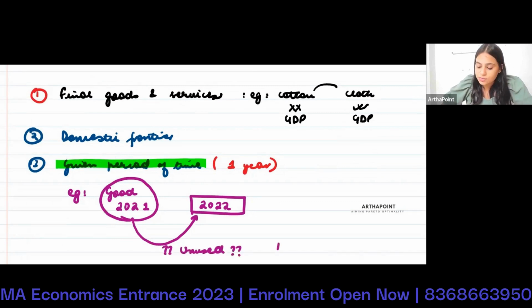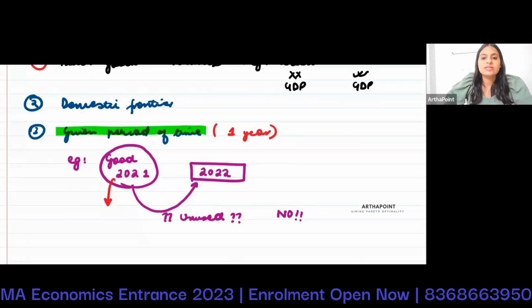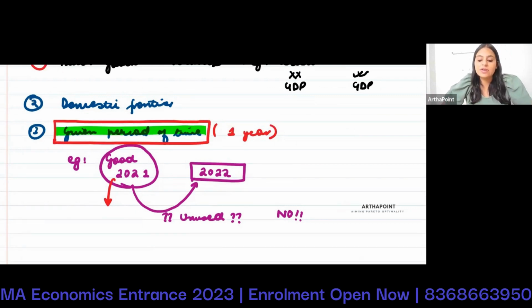The answer is no. That good or service should have been added in the year it was produced and not the year it is consumed. We are interested in understanding when the commodity is produced, and in whichever year it is produced, that is the year when it would be added to the GDP of the economy. So I am only interested in that particular given period of time.